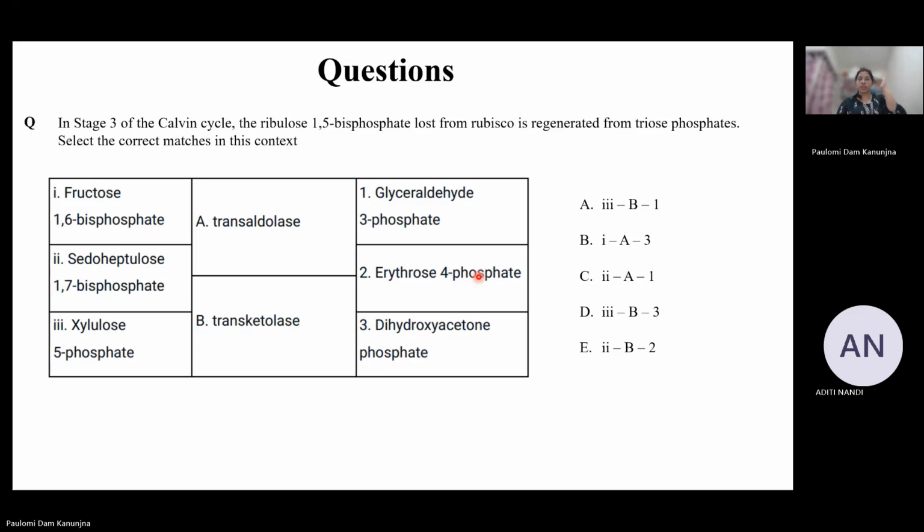So you need to match the following and tell me which one is correct and which one is wrong. Only A. That's it.